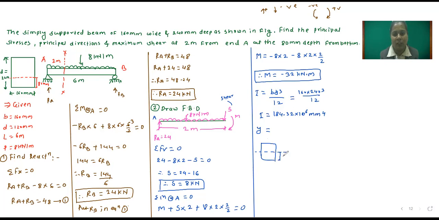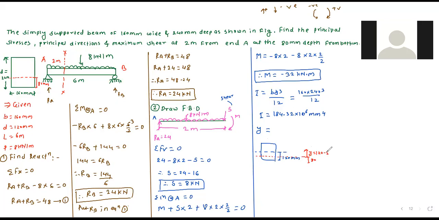This depth is 120 mm and this depth is 120 mm, and we have to find the stress at 80 mm from the bottom. So y is 120 minus 80, which is equal to 40 mm.